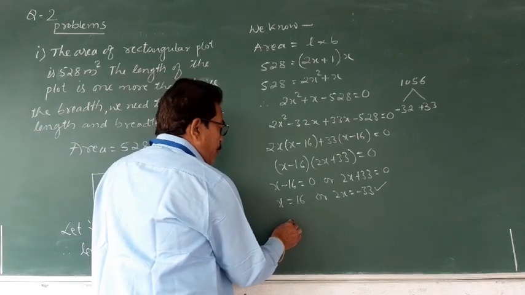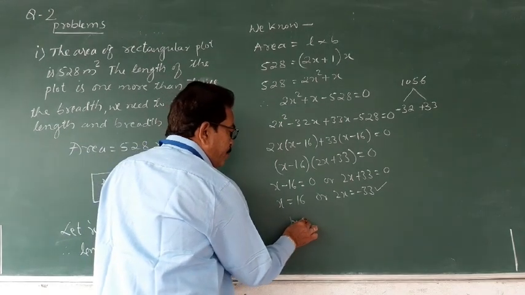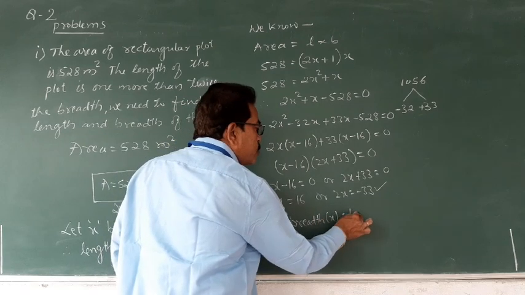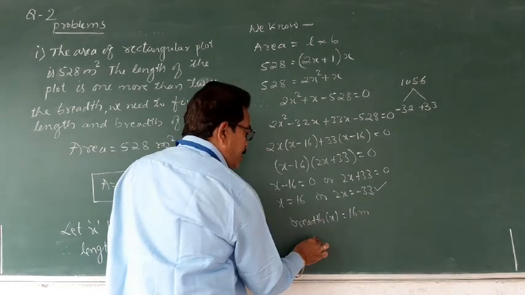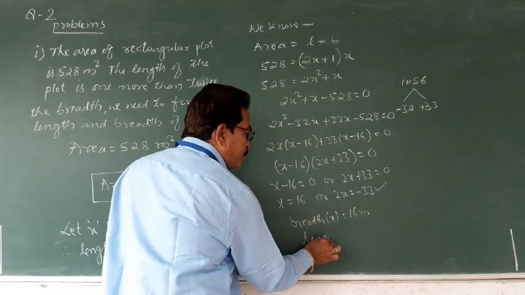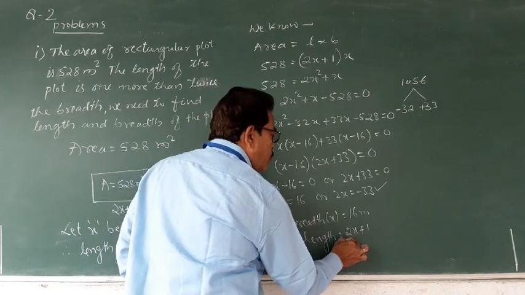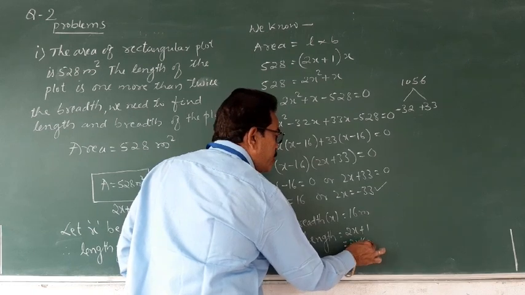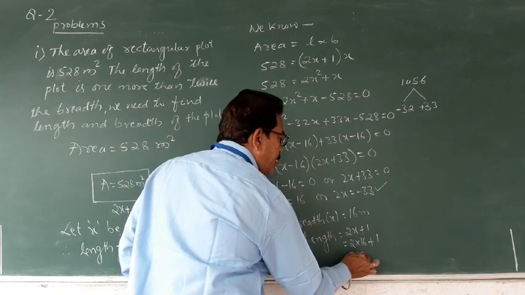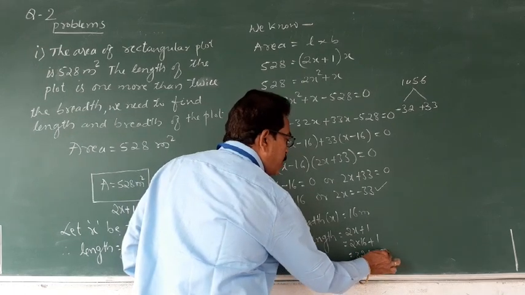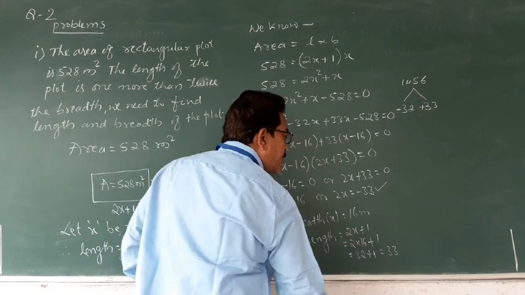So the breadth, that is x equals 16 meters. Then the length equals 2x plus 1, 2 into 16 plus 1, that is 32 plus 1, that is 33.